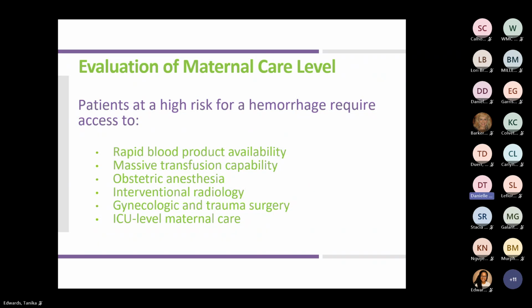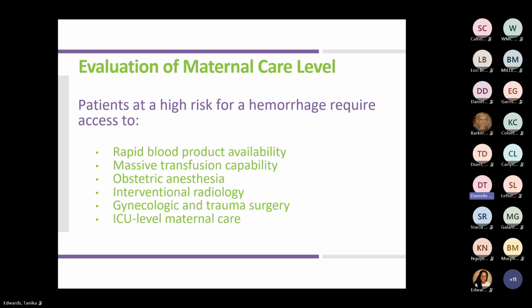So when you're evaluating for maternal level of care, remember that those at highest risk for hemorrhage are going to need the following: not only blood products available, but the ability to replace rapidly, and that's usually through a massive transfusion capability. You may have a protocol, you may not, but you need the resources to give it in a rapid fashion.